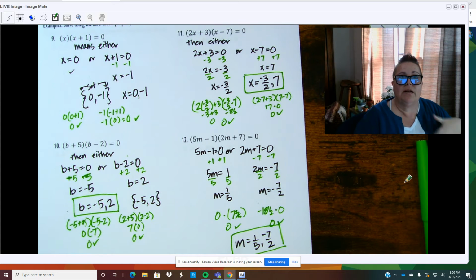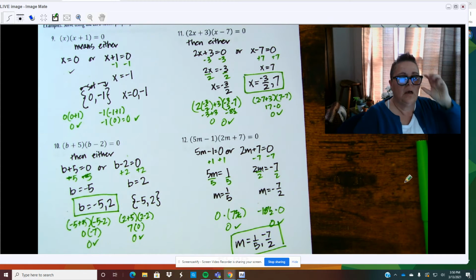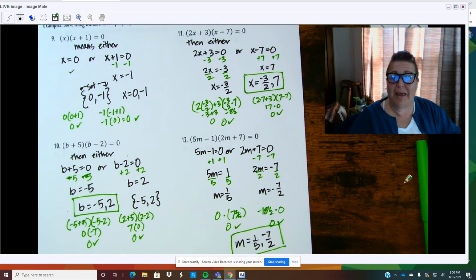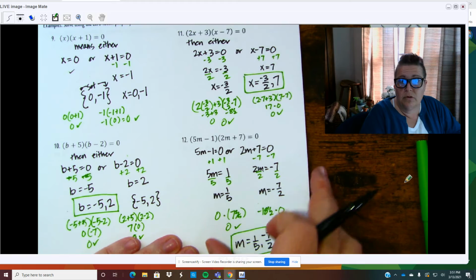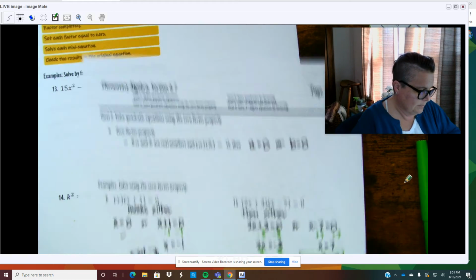So the important part is that you understand how we're getting to these answers, how we're getting that x could be 0 or negative 1. Because as you move through this, you'll see that there is a little bit of a pattern here. And sometimes if we get to the pattern, we forget the process behind it. But we want you to understand that we're giving each factor, each little algebraic parentheses, a turn at 0. And then we're solving that little mini equation, right?